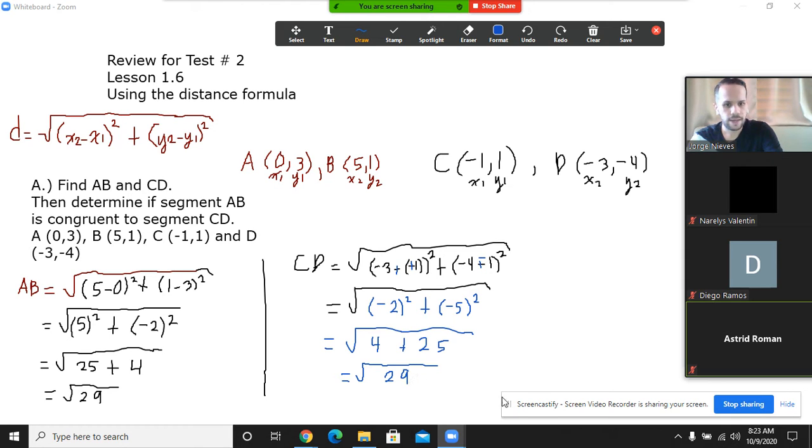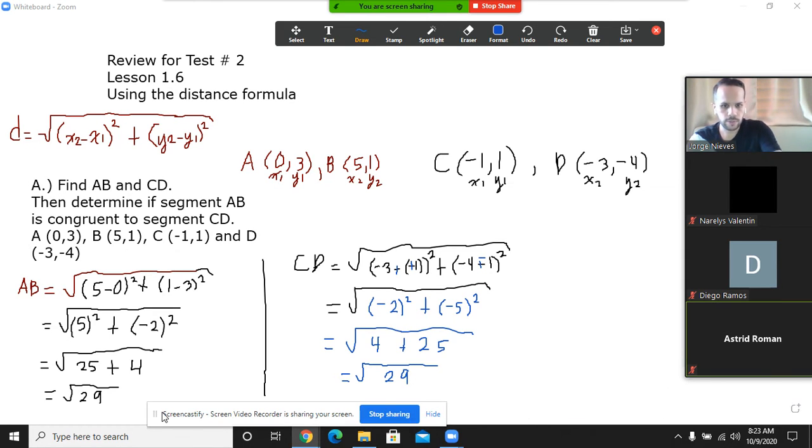So to end this problem, you're going to write this, okay? Since AB is equal to CD, we can say that segment AB is congruent.